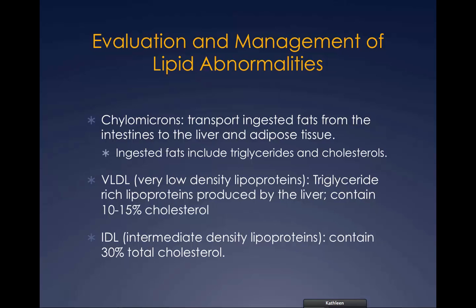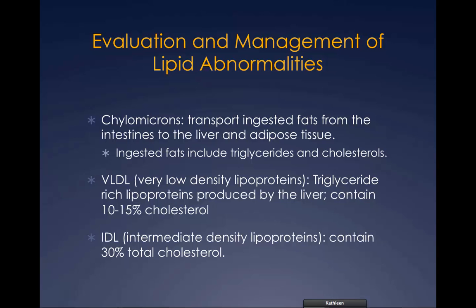Basically the chylomicrons are ingested triglycerides and cholesterol that get transported from the intestines to the liver or adipose tissue via the lymphatic system. The fats, triglycerides and cholesterol, are absorbed in the epithelial cells of the intestine, formed into chylomicrons and excreted into the lymph.